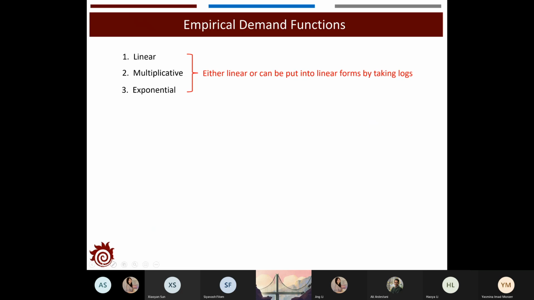Here I list three different demand functions: the linear one, the multiplicative one, and the exponential one. Even though the original form is not in linear format, they can all be rewritten into linear format. For the linear equation, the flow is a linear function of the price and income.